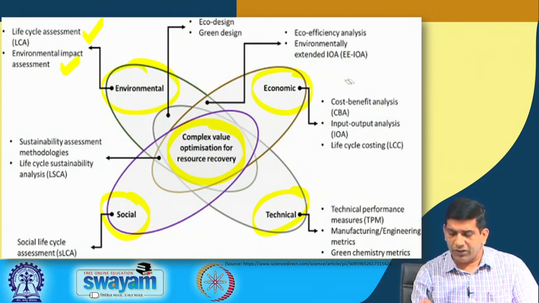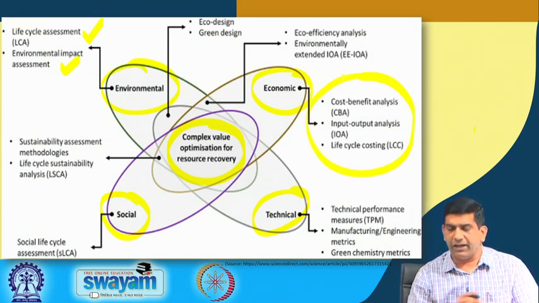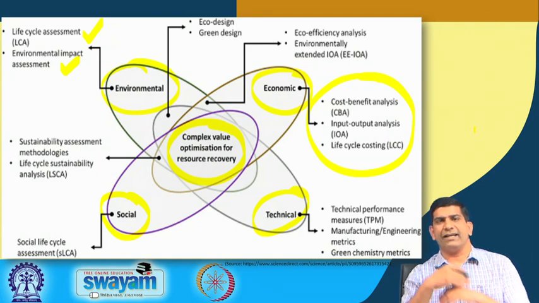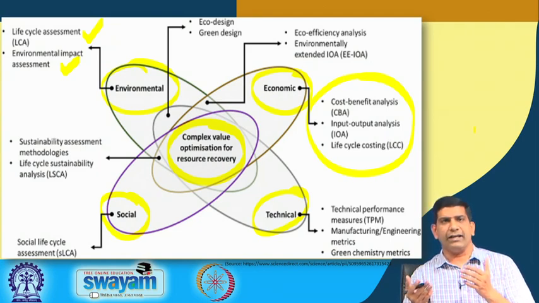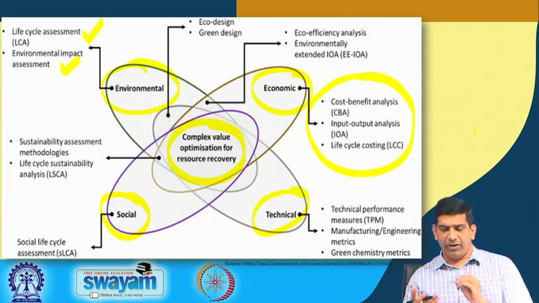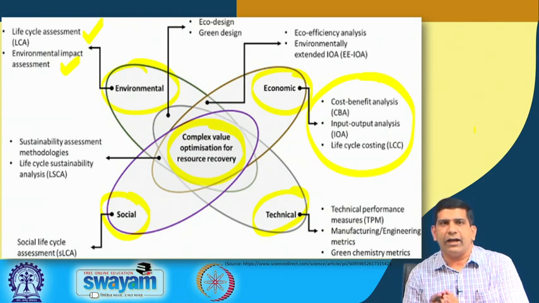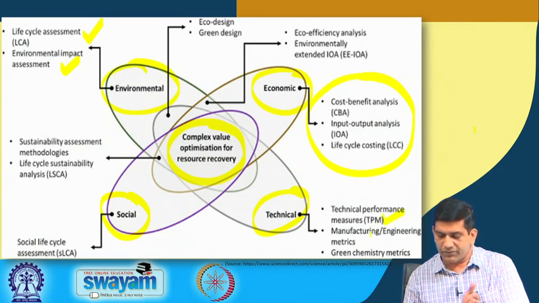For economic, we try to do that using cost benefit analysis, input output analysis, or life cycle costing. So that's how we look at the economic analysis. That's the economic focus. For the technical aspect, we look at technical performance. There are some parameters such as technical performance measures, manufacturing engineering matrix, and green chemistry matrix. These can be used for the technical aspect.